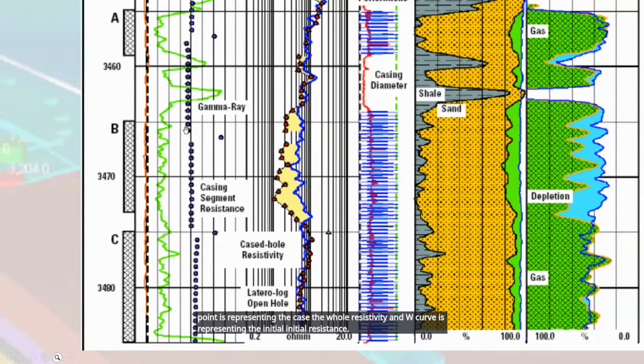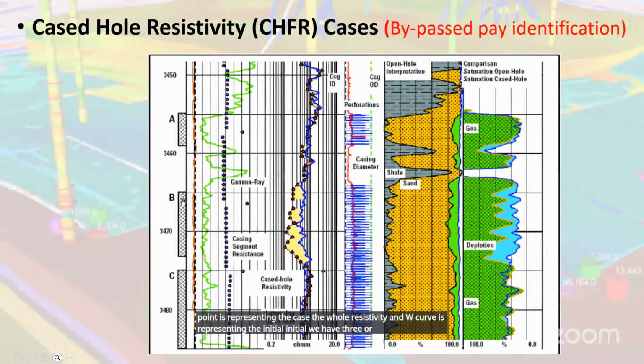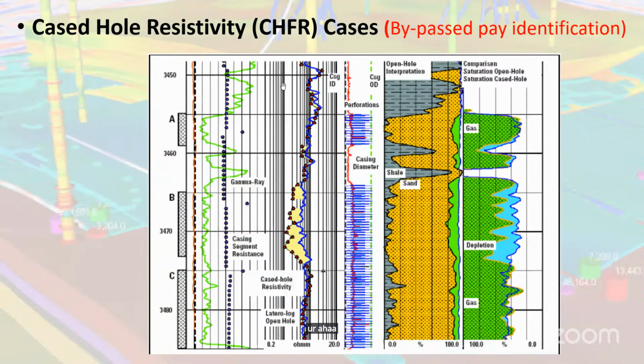We have three zones or three perforations, A, B, C. Can anyone tell me which perforation has a depletion of oil or a higher water saturation? Which zone is now depleted? A, B, C. Which zone?